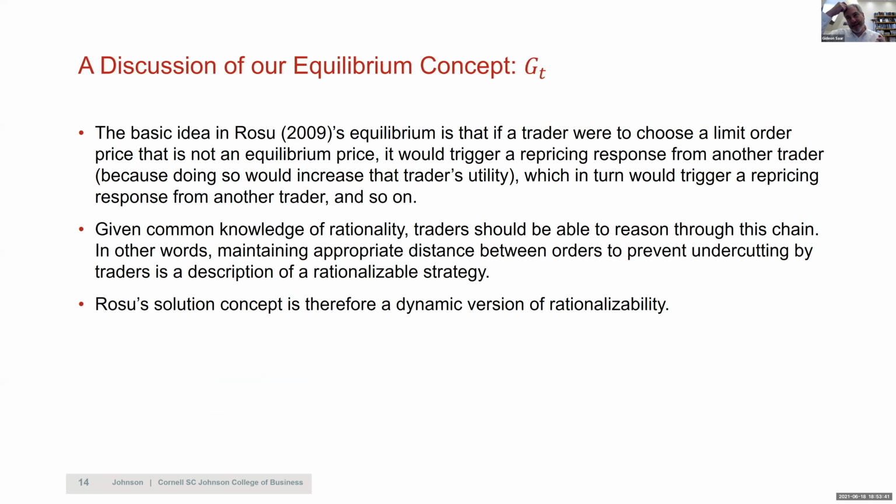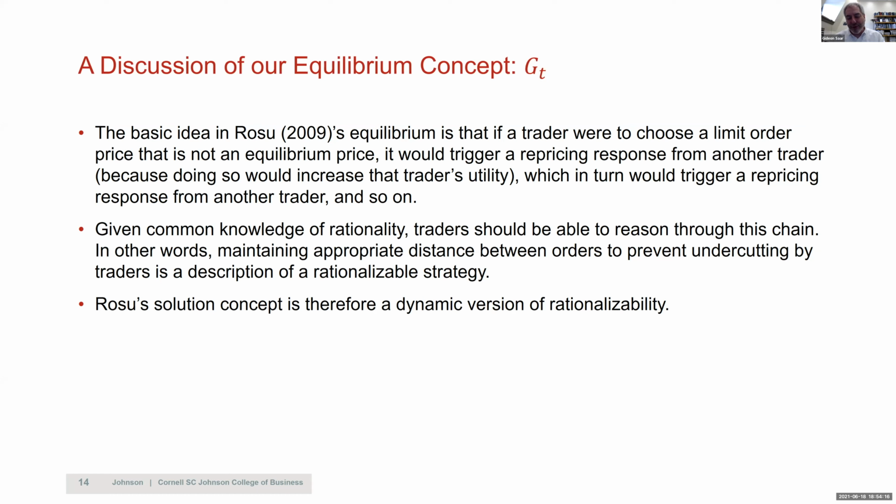The idea is that if you're in this instantaneous limit order game between limit order traders, and a trader were to choose a limit order price that is not an equilibrium price, that will trigger a repricing response from another trader, which will in turn trigger a repricing response from another trader, and so on and so forth. And so you will never get an equilibrium. But given common knowledge of rationality, traders should be able to reason through this chain, and they will submit orders only at the distances that correspond to equilibrium.